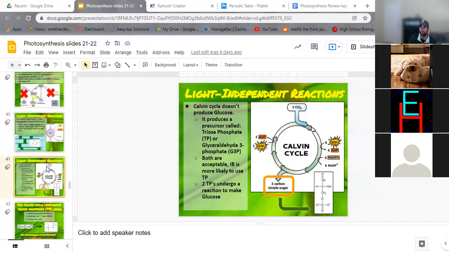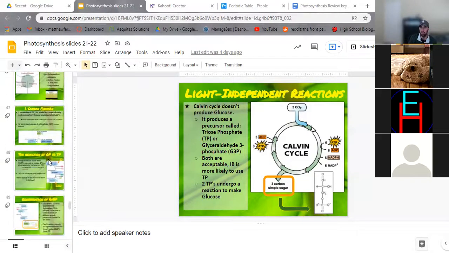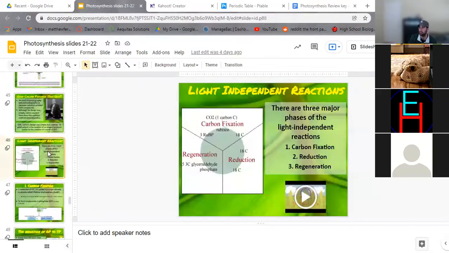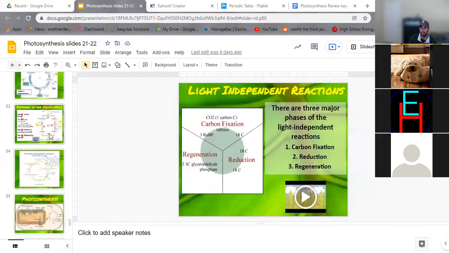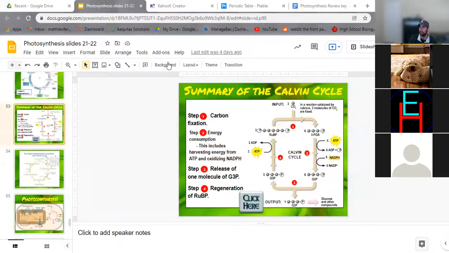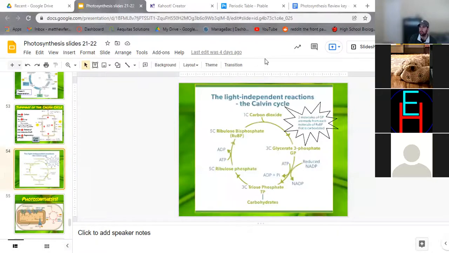Now, what I want to point out here, as we hop right into it, and actually I'm going to go to the end, is that we might see a bunch of different names for some of these molecules. The quick overview is that the first step is called carbon fixation, and that's this part here.